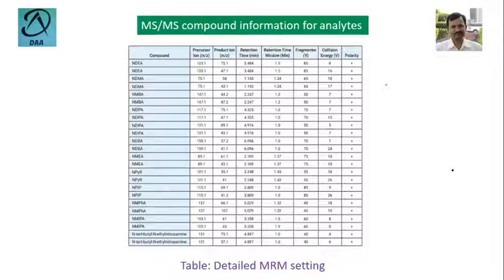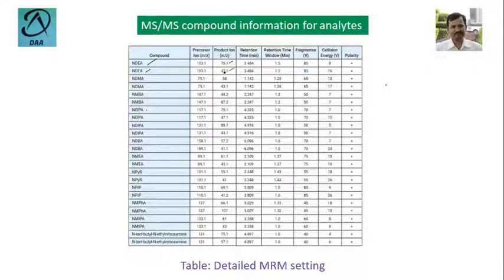Now this is the list. For all 12 compounds, you will get different product ions. And here sometimes you can see common ones. Here you see that these two have the same precursor but different product ions.